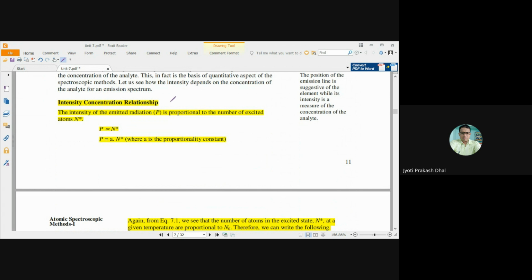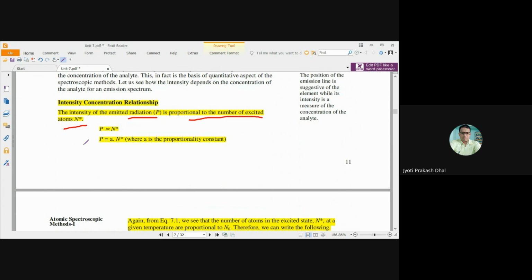intensity concentration relationship. What is the relationship between the intensity of the spectra and the concentration of the atoms or the analyte present in the sample? The intensity of the emitted radiation P is proportional to the number of excited atoms n star present in the sample.